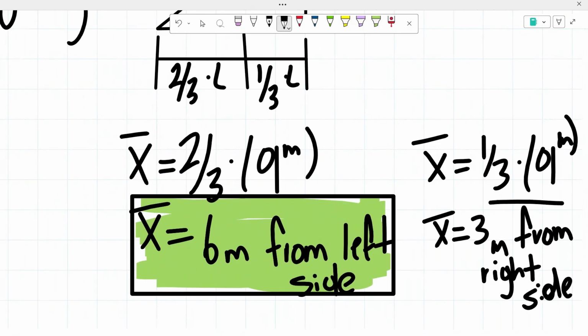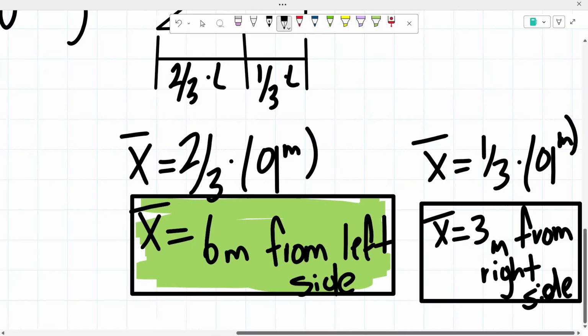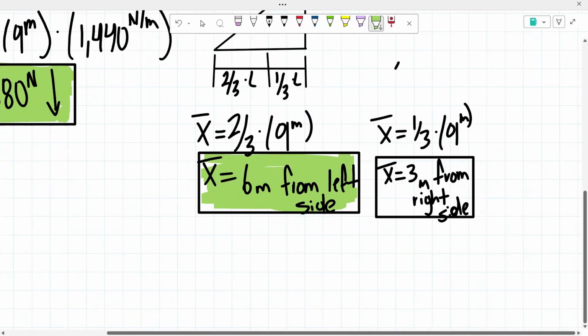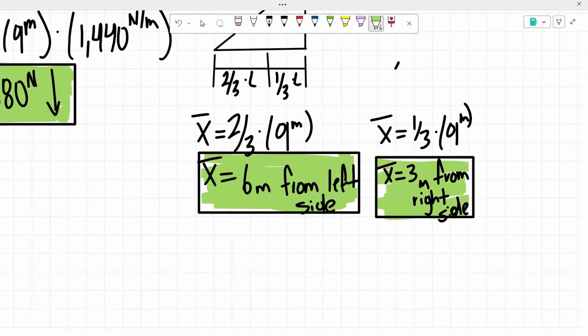So in a way, both of these are the correct answers for the location of that resultant force. It just depends. If it's specified to find it from the left side of the triangle, then you would use the 2/3 equation. But if you're finding it from the right side, you could use the 1/3.